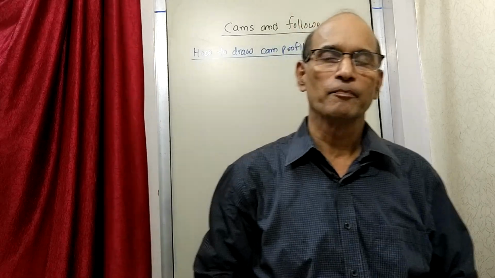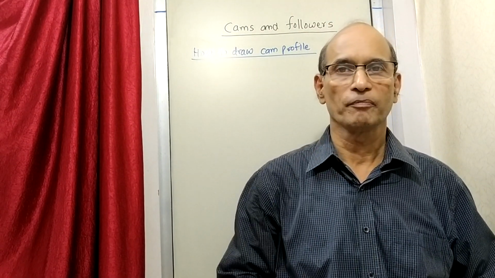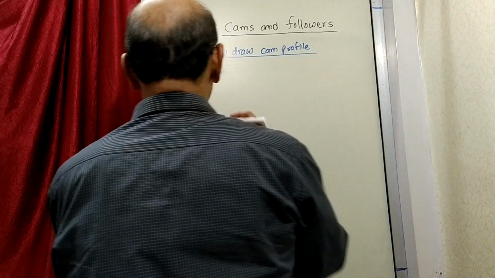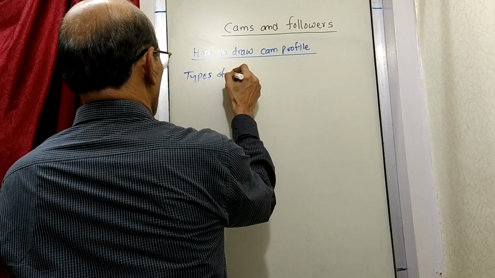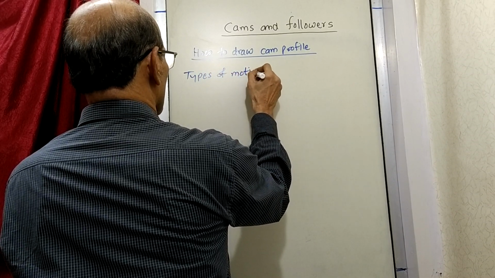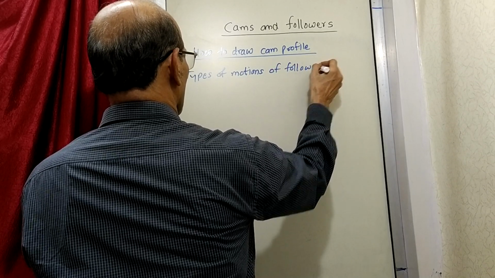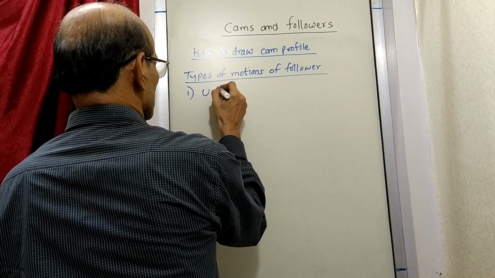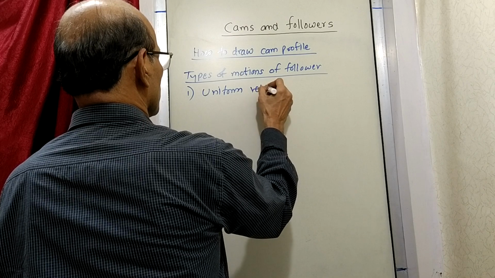Now, how to draw a cam profile depends on what is the type of motion of a follower we require. So first thing, let us jot down types of follower motions. One is uniform velocity.